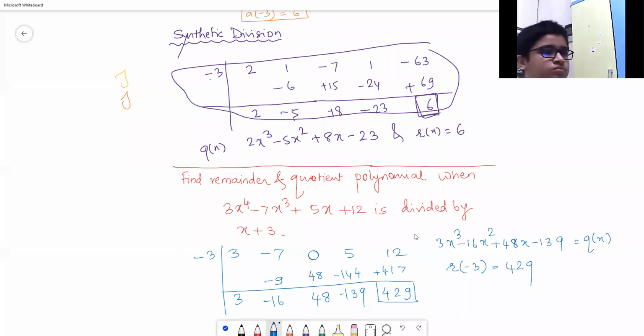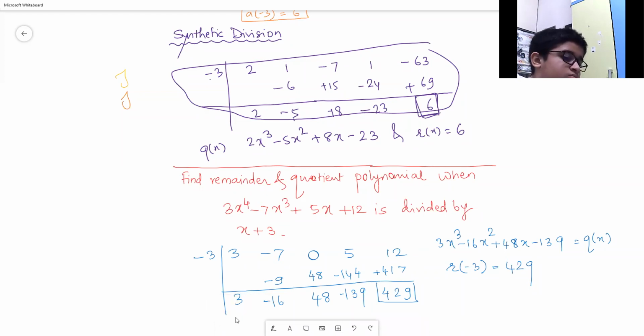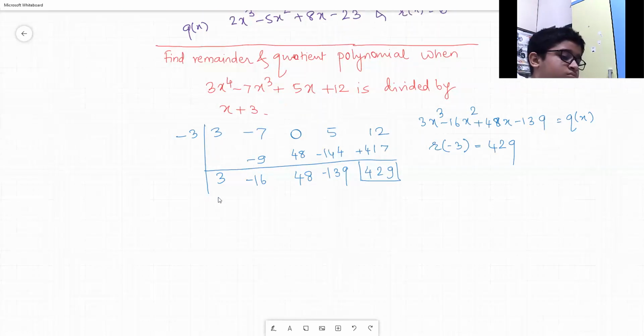Okay, the answer for this question is remainder is 429. The quotient polynomial is 3x cube minus 16x square plus 48x minus 139. Okay, so now what modification should I put so that still the majority of you will get the wrong answer?